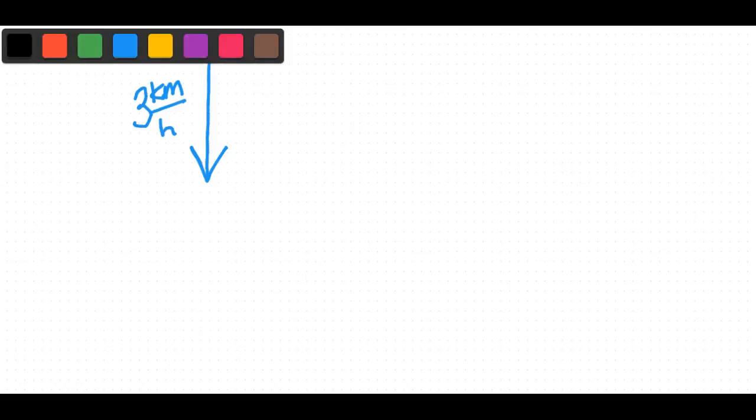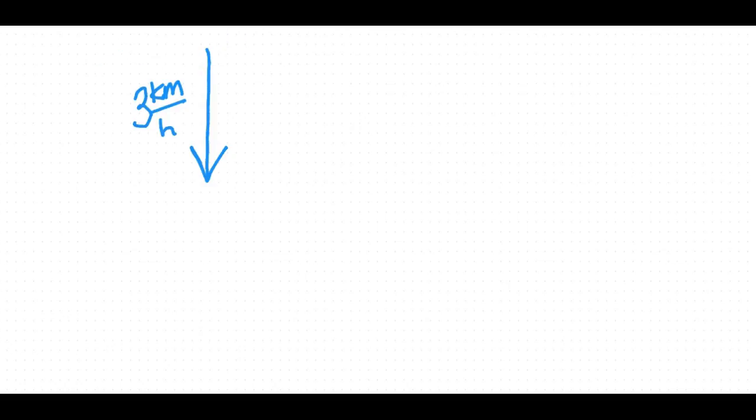So visually what happens, we have our river, and it's flowing 3 kilometers per hour south. Then we have our students who can paddle east, which is to the right, 4 kilometers per hour, so they have a longer vector.